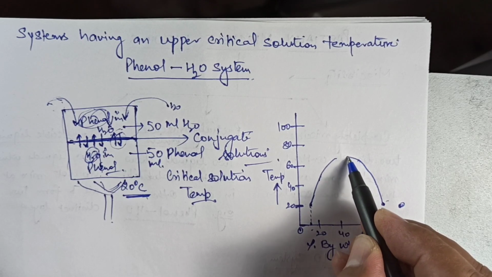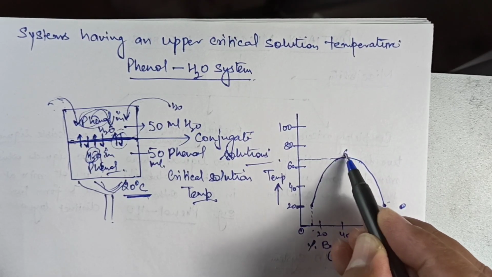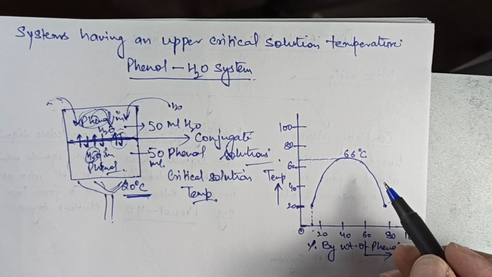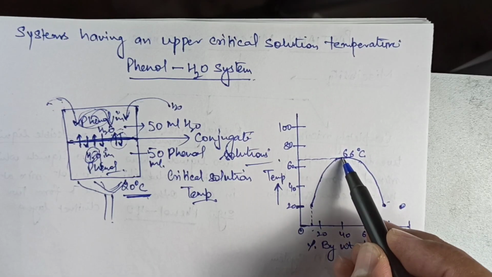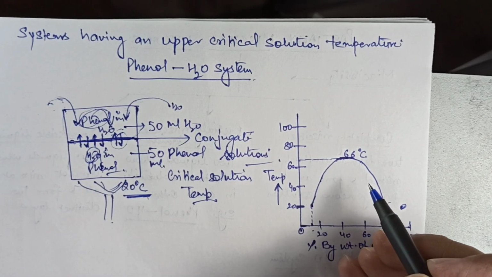Okay, and at a temperature around 66 degrees Celsius, what will happen? The two layers just get miscibility, maximum miscibility.